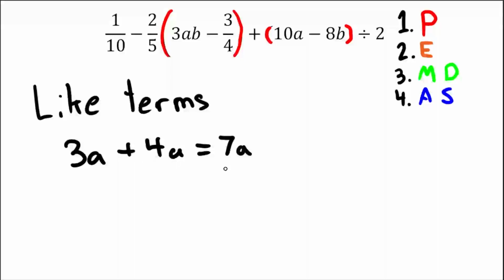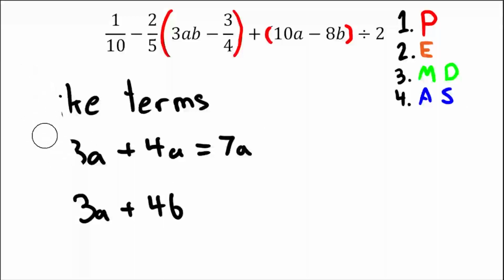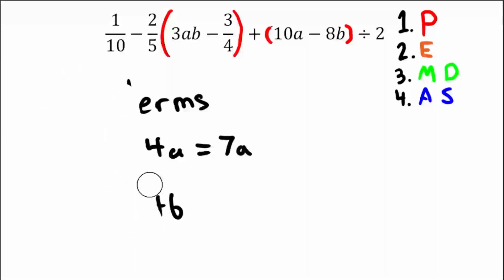So they mix. However, if we have 3a plus 4b, then they're not like terms. They don't mix together because there's a 3a and there's a 4b. There's a and b, and they don't mix together when there's an addition or a subtraction, right? So let's just remove that.